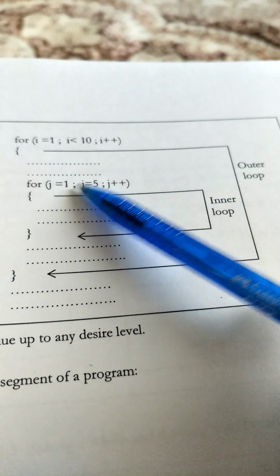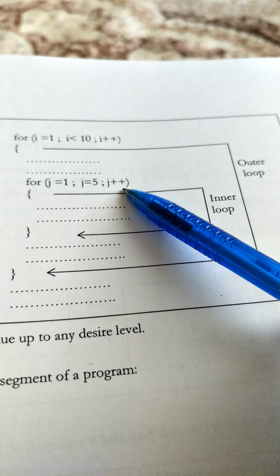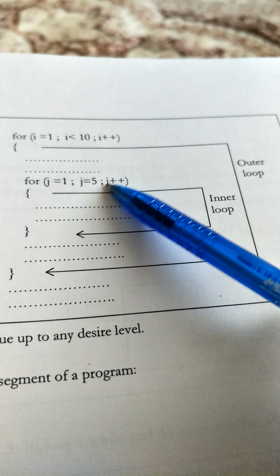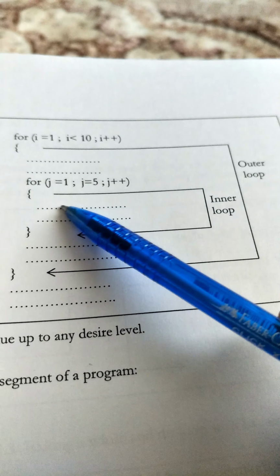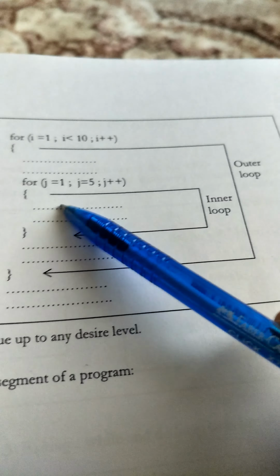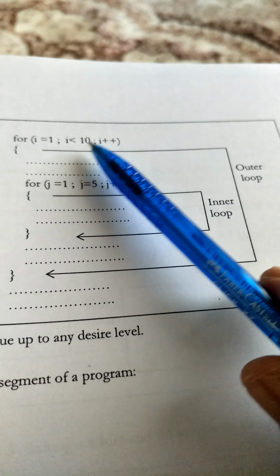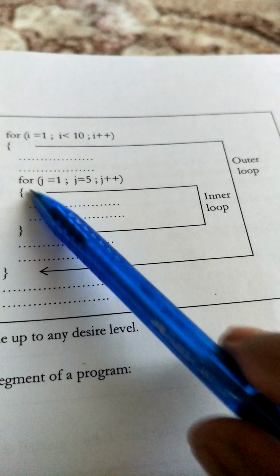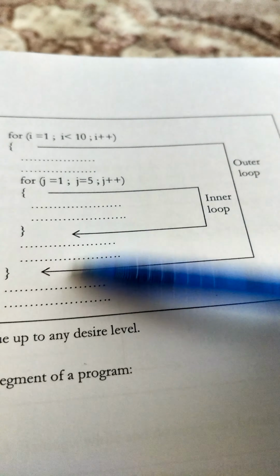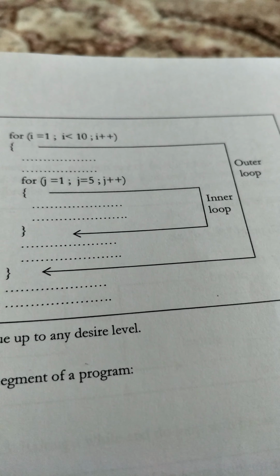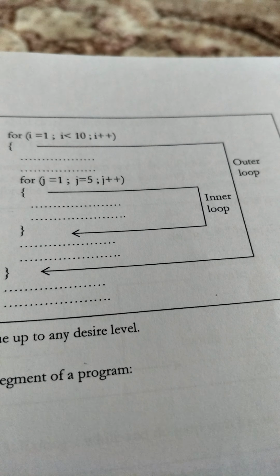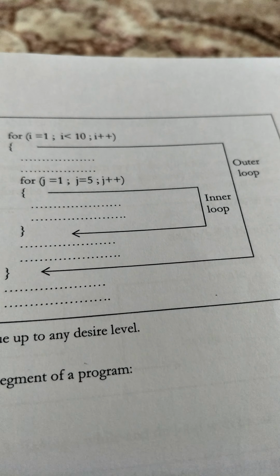So you get J equal to 2, 2 equals 5, not true, go out of that, and add another one until you get J equal to 5, and do whatever is here. Having done that, it goes up to the top, increase I by 1, and then do the process again.